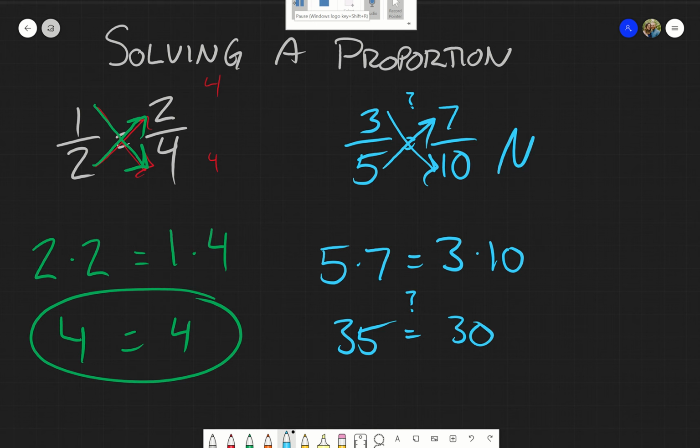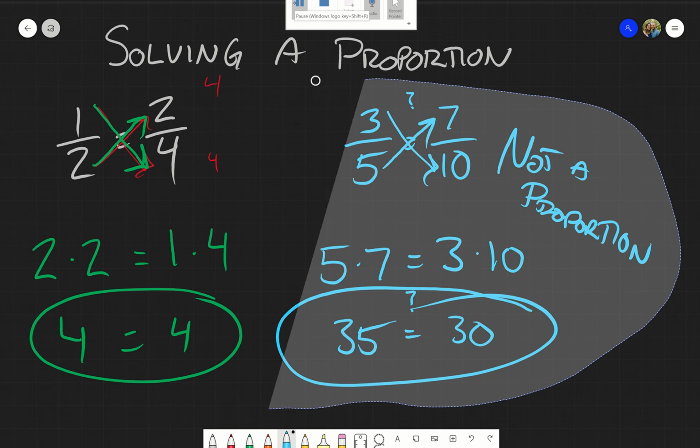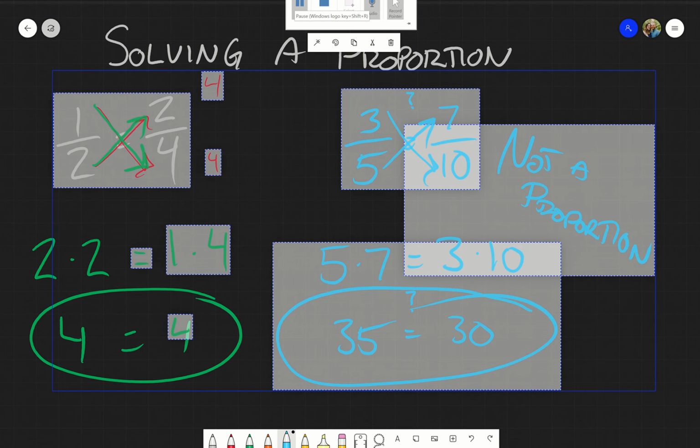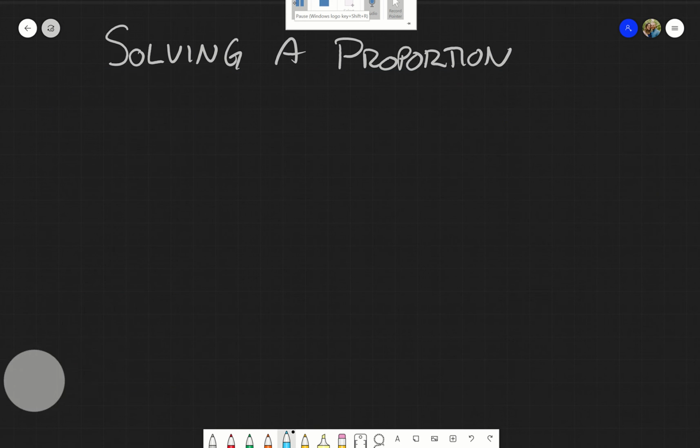No, this is not a proportion, because when cross multiplying, they're not equal. This is going to be the basis of how we start solving proportions with unknown values.